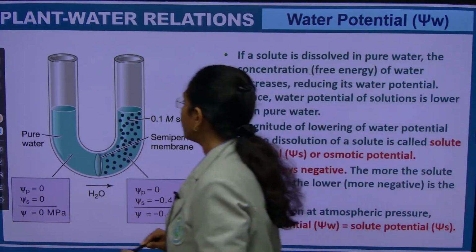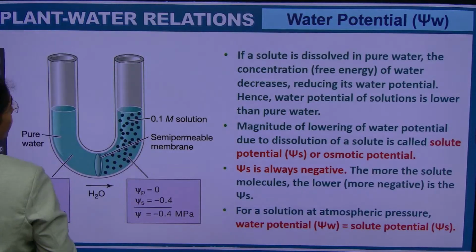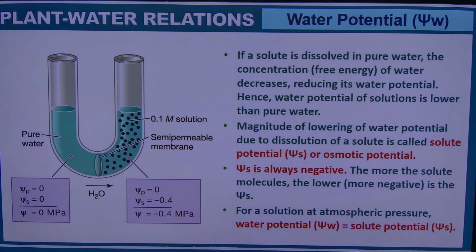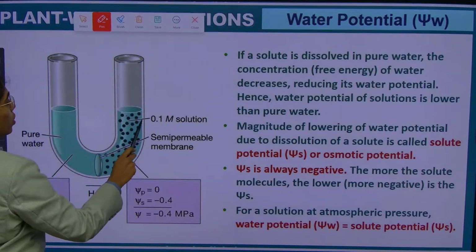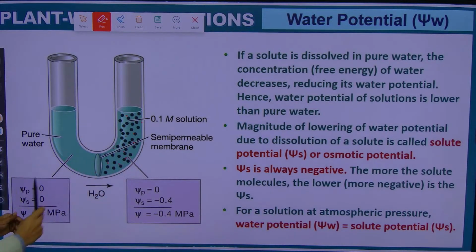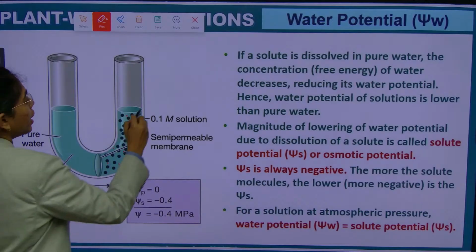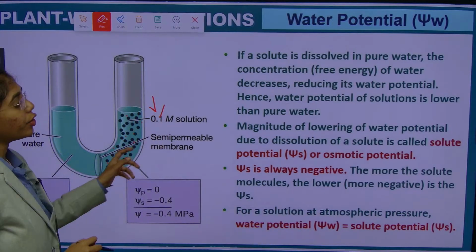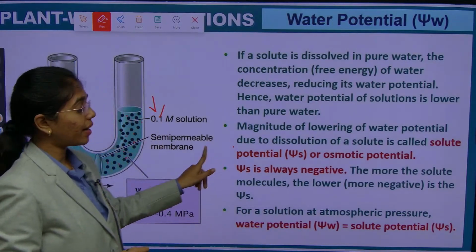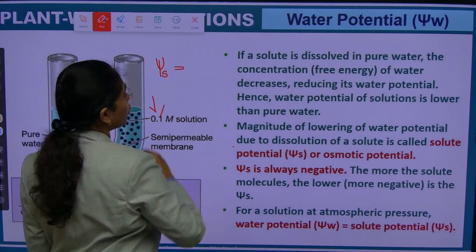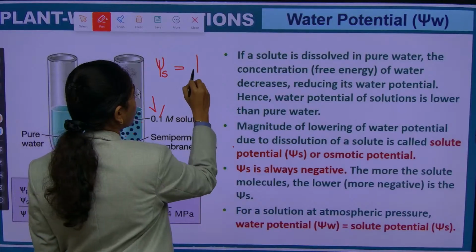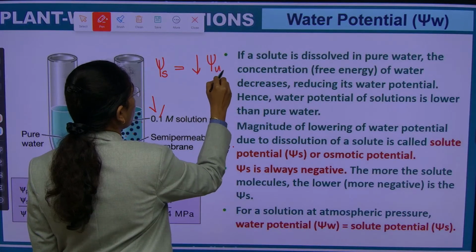When a solute is dissolved in the water, the free energy of water will be decreased. The magnitude of lowering water potential is addressed as solute potential. What is solute potential? Solute potential is nothing but the magnitude by which it is reducing water potential.